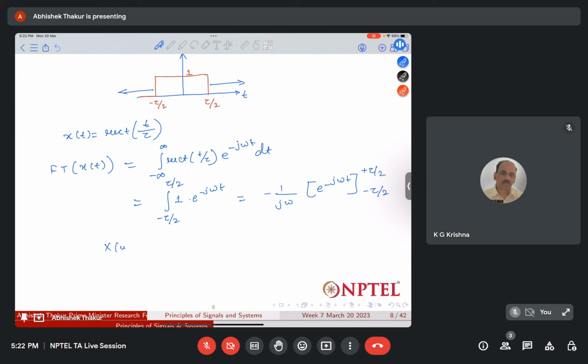So X omega is equal to minus 1 by j omega times e to the power of minus j omega, first we put tau by 2, then minus e to the power of minus j omega times minus tau by 2, that will become plus j omega tau by 2.